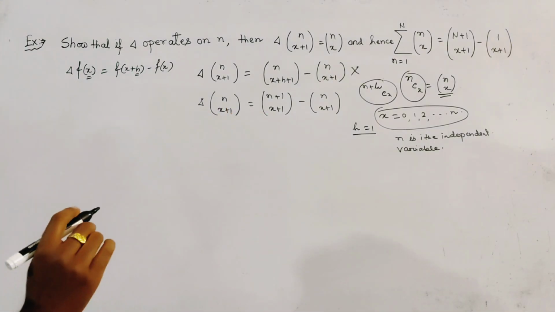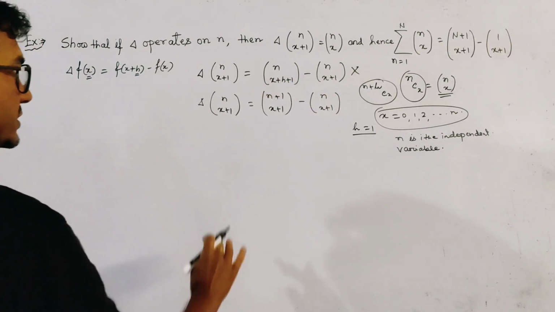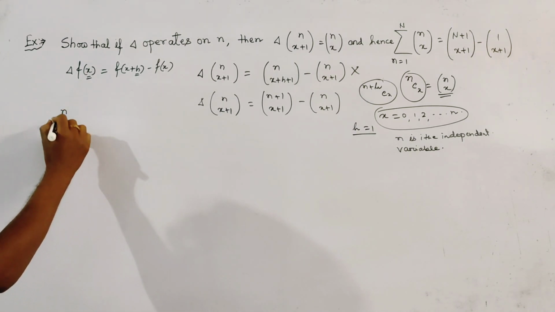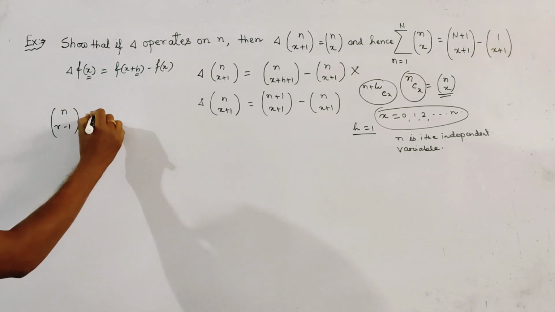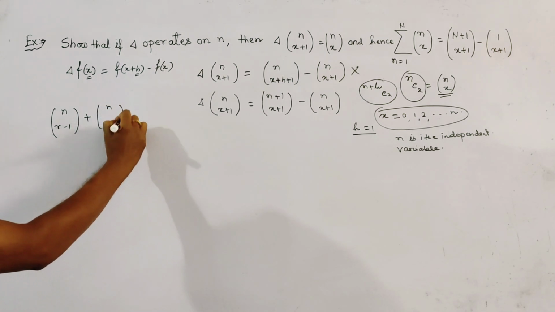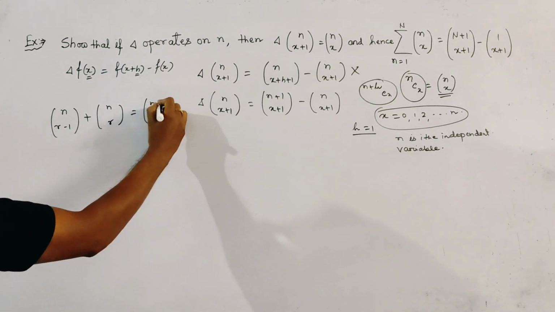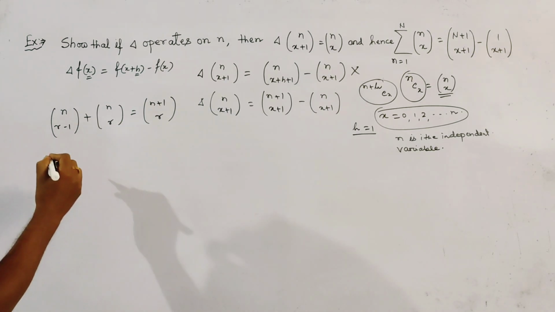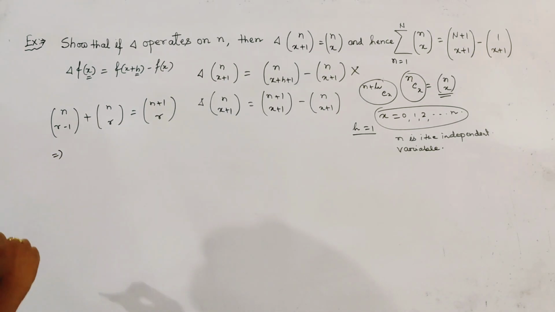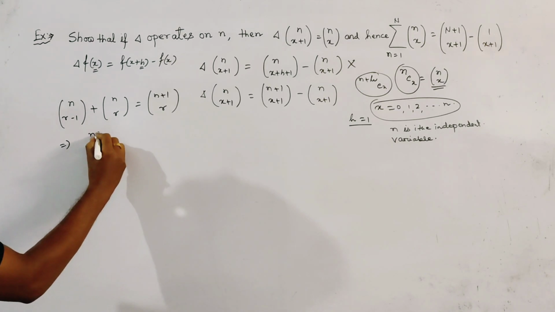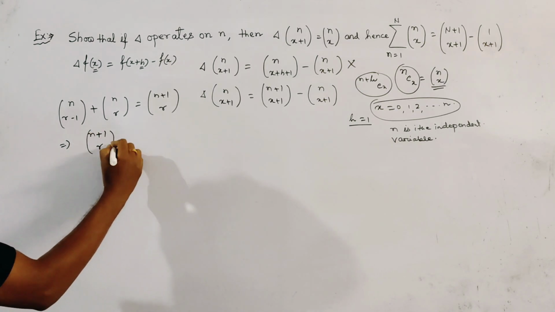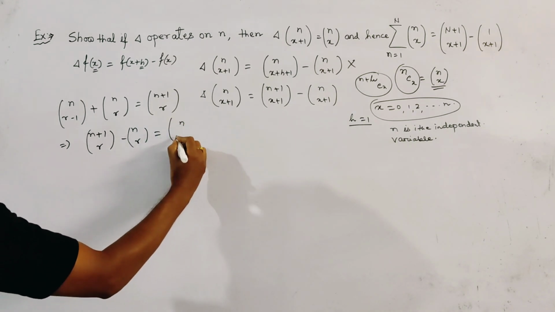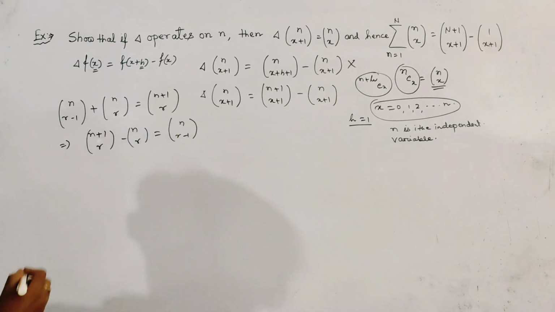Now we know the relation of combination: nC(r-1) plus nCr is equal to (n+1)Cr. That is, (n+1)Cr minus nCr is given by nC(r-1).